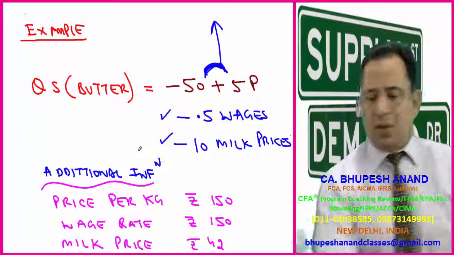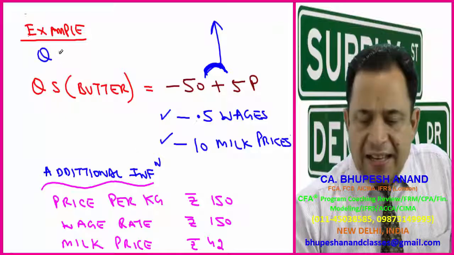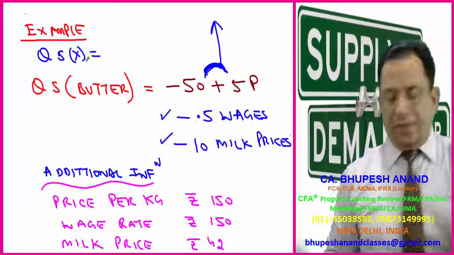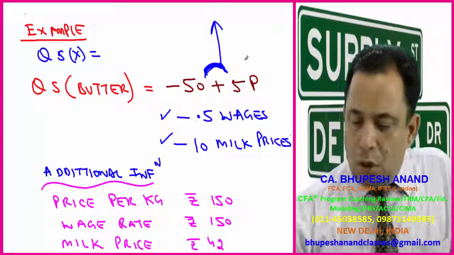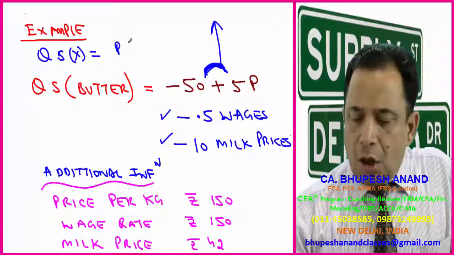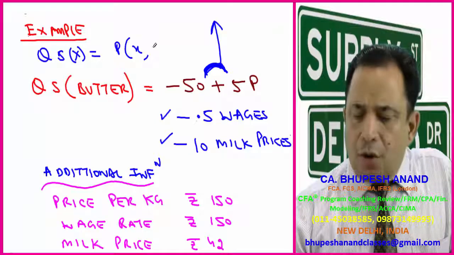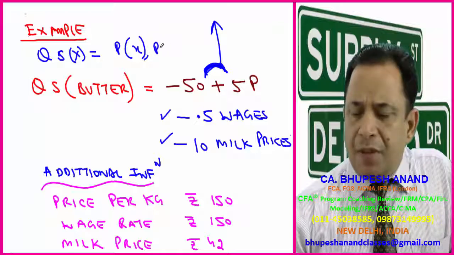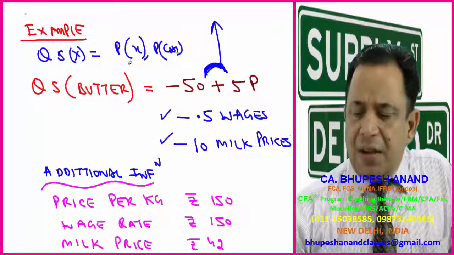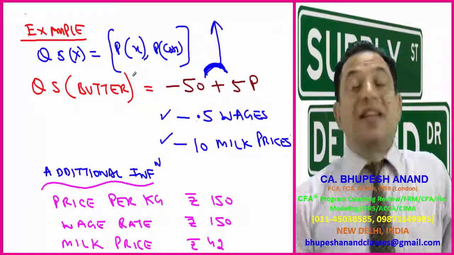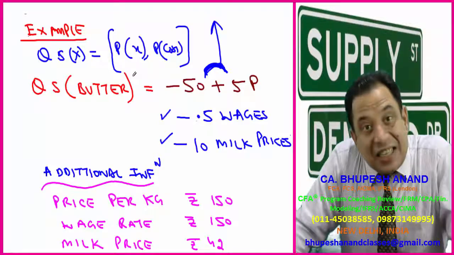So I can directly give the supply function: quantity supplied is a function of the price of X and the cost of production factors, a function of two variables. One has a positive relationship, another has a negative relationship.